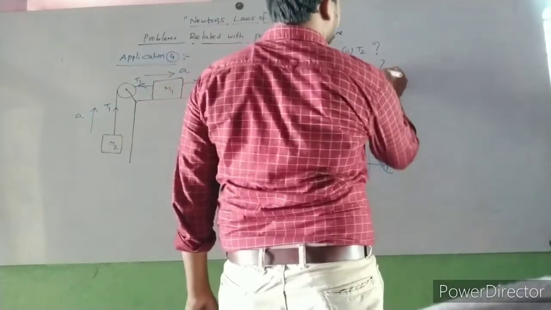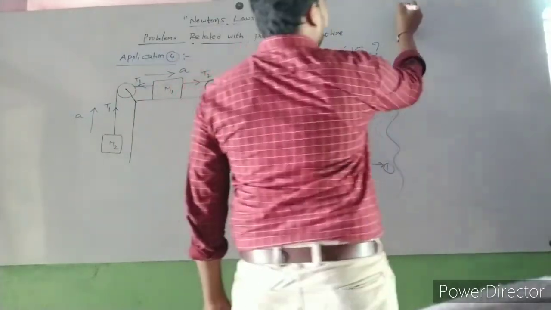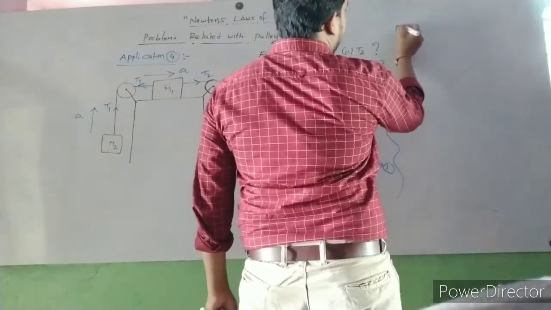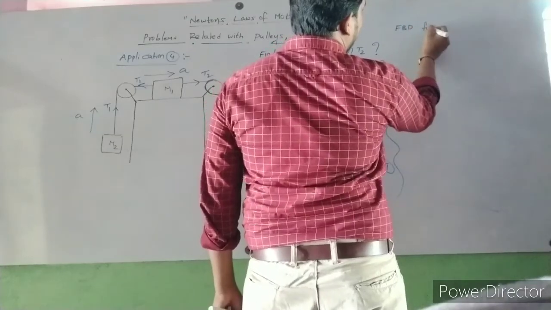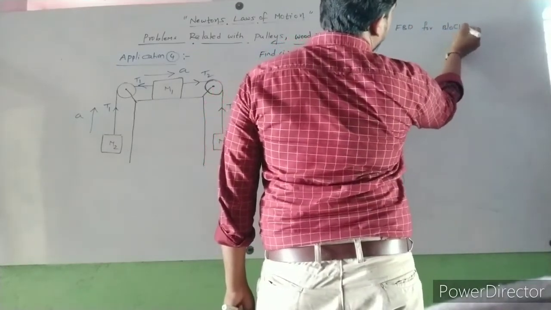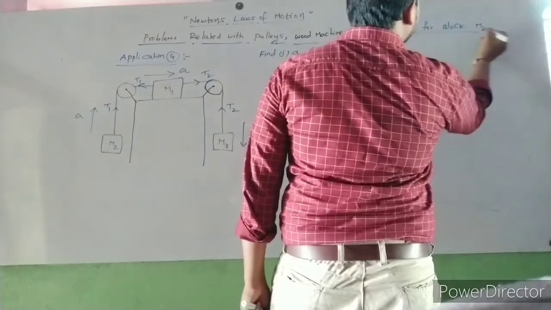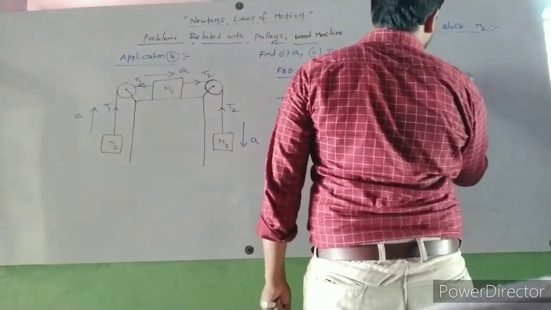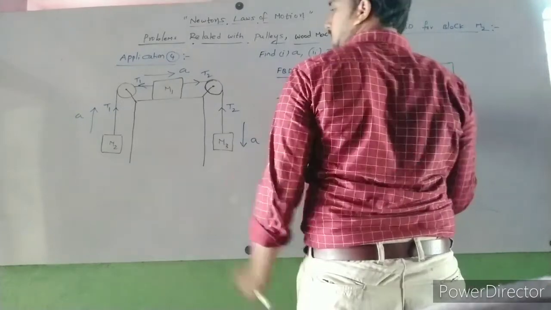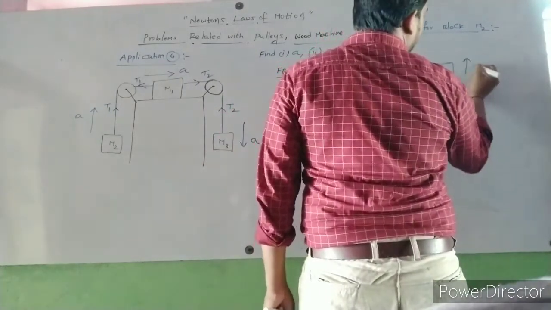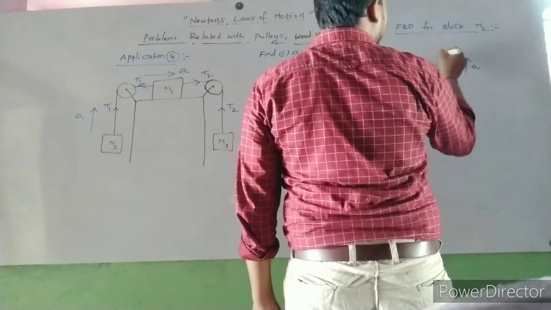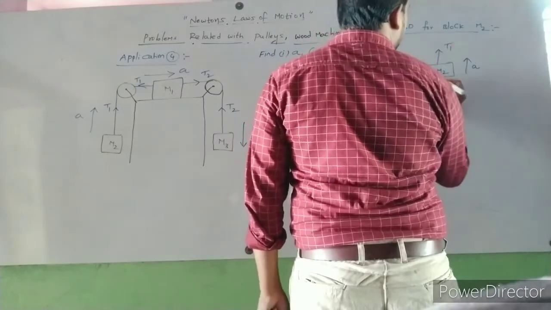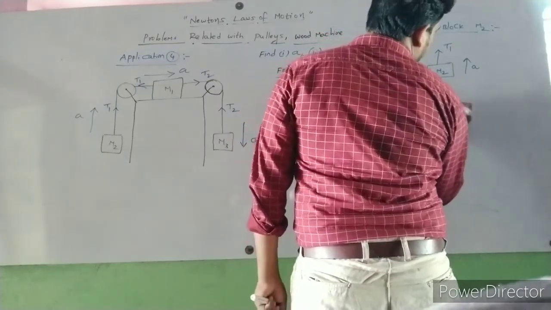Next, FBD for block M2. If you take M2, here acceleration is acting in the upward direction and the tension T1 is acting in the upward direction, and weight M2G is acting in the downward direction.